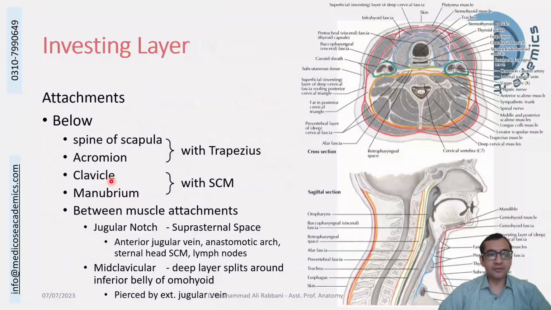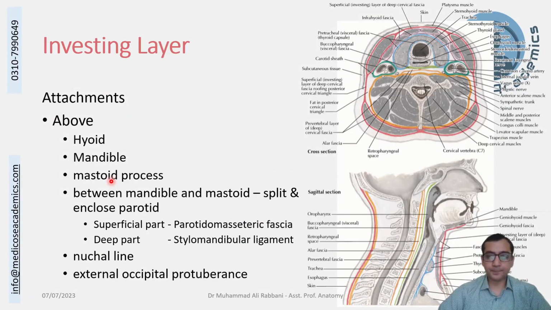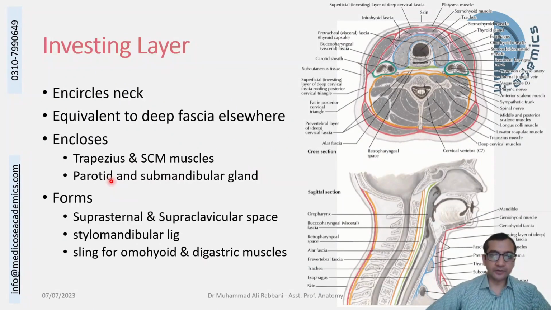Okay, let's dive into them one by one. Investing layer of deep cervical fascia. Let's start from here. It encircles the neck, equivalent to deep fascia everywhere, and when it forms a neck, if you follow the red line, you may be able to see that it is actually investing two pairs of muscles, the ones that are present here and the ones that are present here.